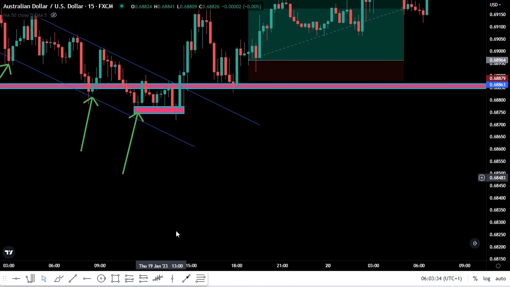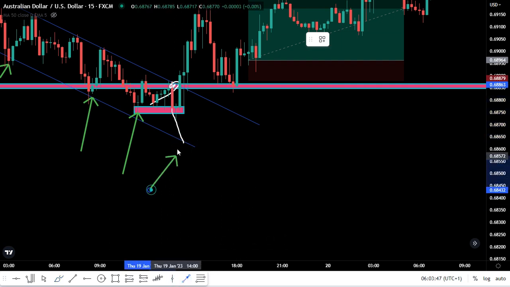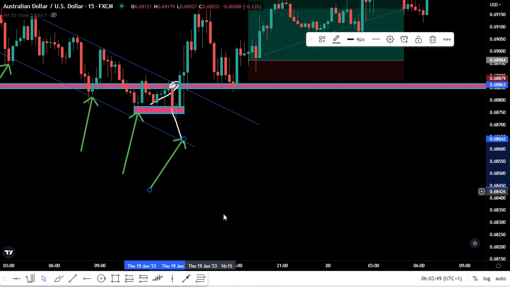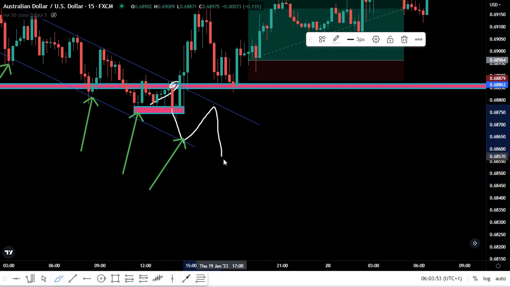But now after a pullback or a retest to the channel, which is this particular retest right here, the price has to create another low somewhere here, lower than the previous one, for the price to keep going down within the channel. The price has to keep creating these new lows.